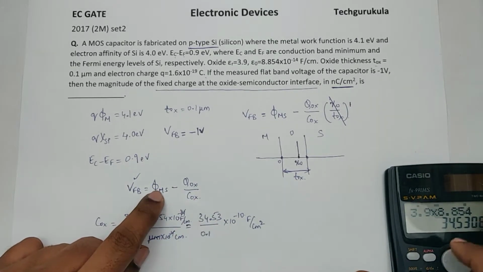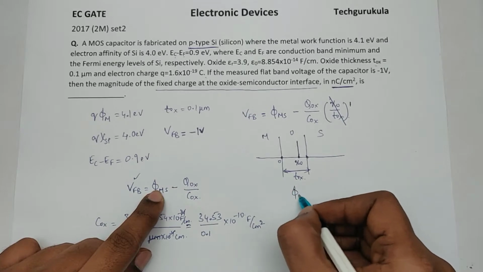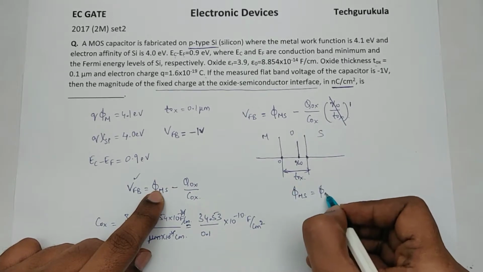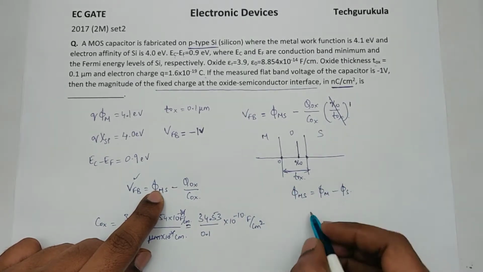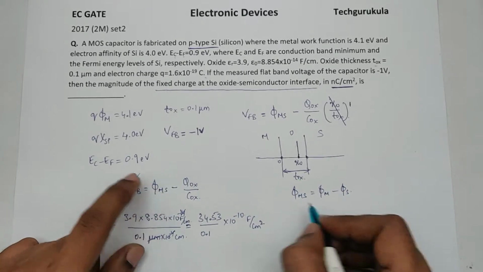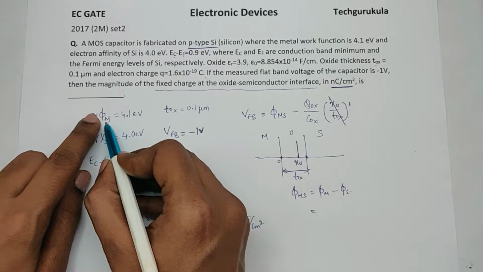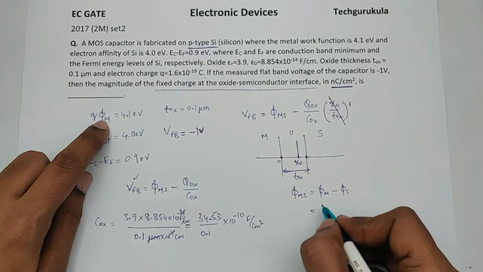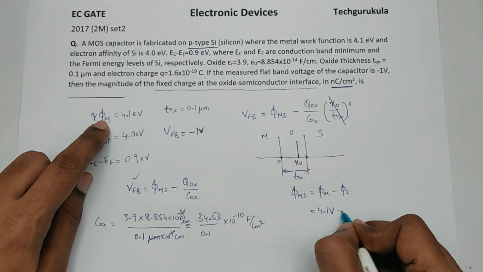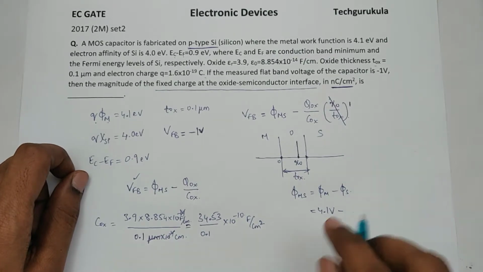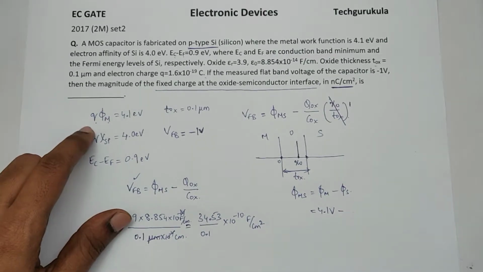Now we need phi ms, which is phi m minus phi s. q times phi m is 4.1 electron volts, so phi m is 4.1 volts. Now we need the work function of the semiconductor.